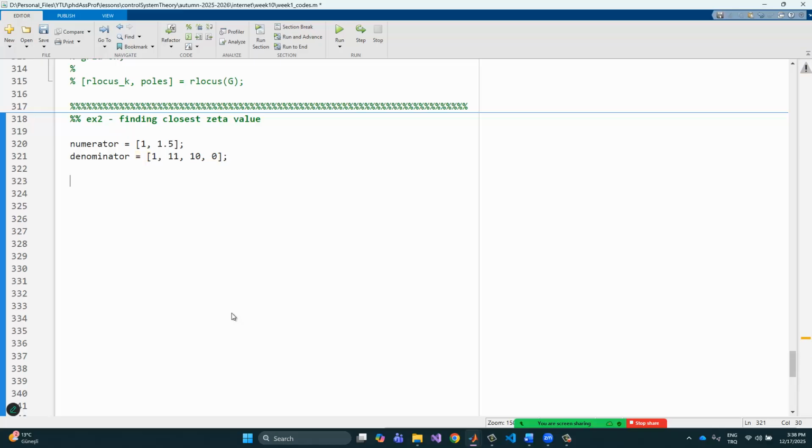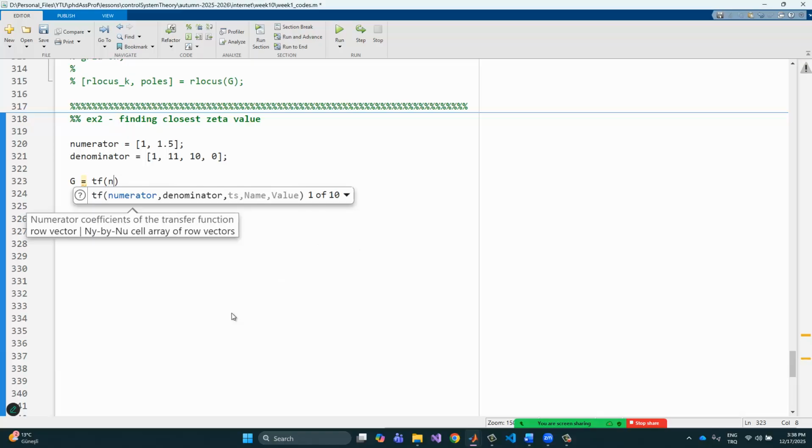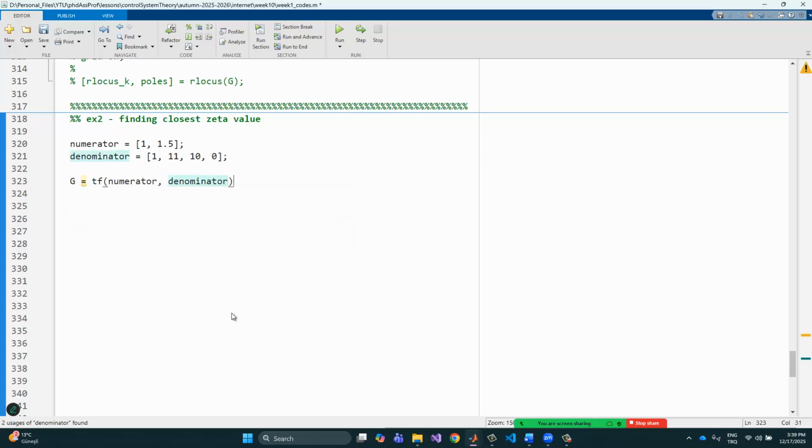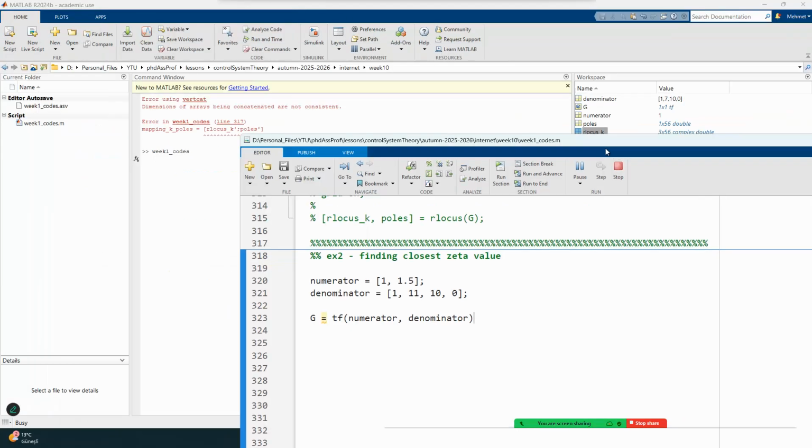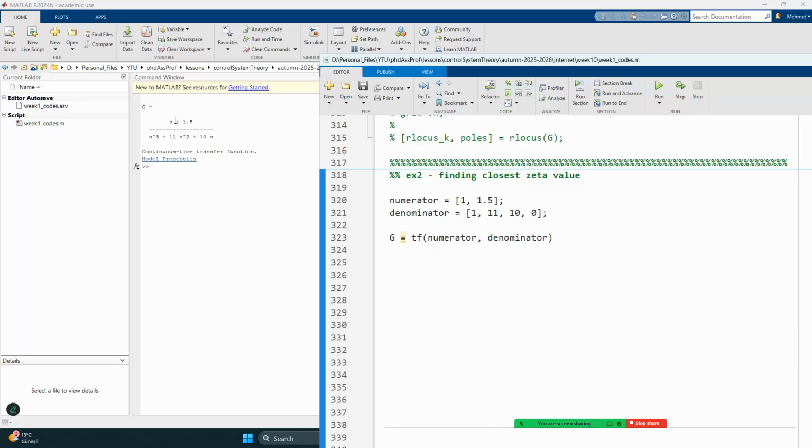Okay, and we can create the g in here just like this one, numerator, denominator. Okay, and so if I run this code, we will have s plus 1.5 divided by s cubed plus 11 s squared plus 10 s.